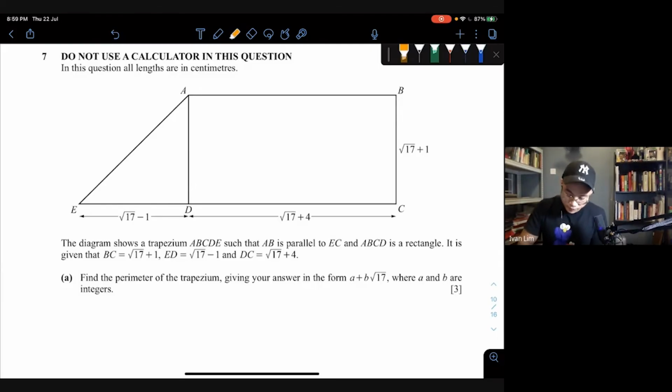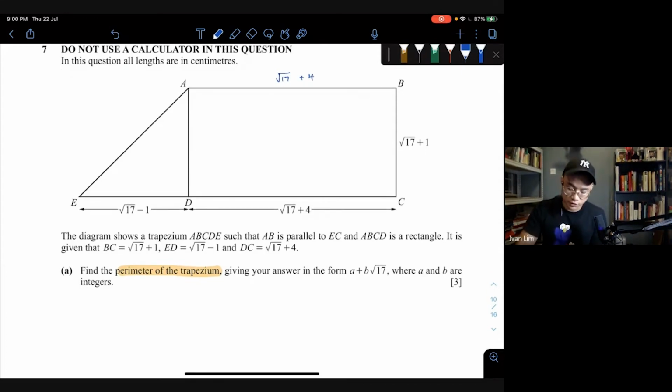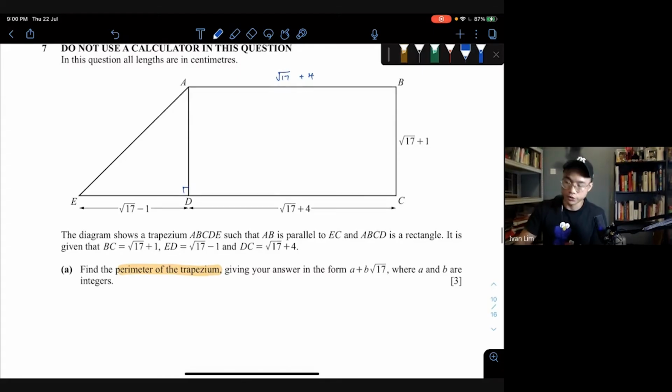Okay, so what do we need to find here? Okay, perimeter. So what is missing here? We have here root 17 plus 4, but we don't have AE. Okay, so AE, we can use Pythagoras theorem, which is AE squared equals (root 17 plus 1) squared plus (root 17 minus 1) squared.